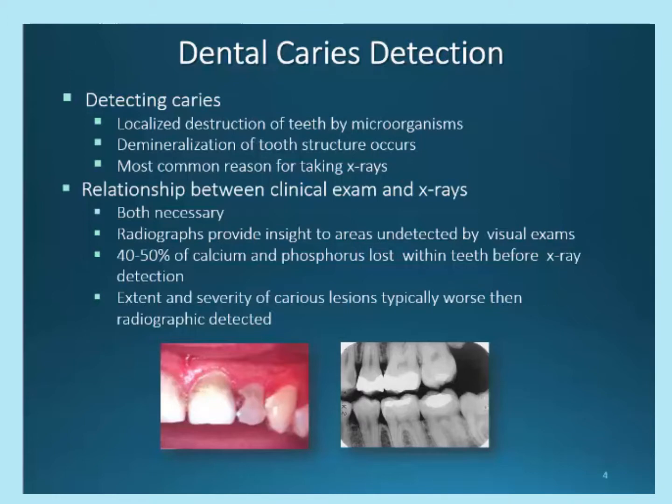Interproximal decay may not be detected until 40 to 50% of the calcium and phosphorus is lost from the tooth surface. It is known that the severity of the identified decay is always worse than radiographic appearances. This fact must be remembered when informing a patient of the conditions of the need for restoration and care.